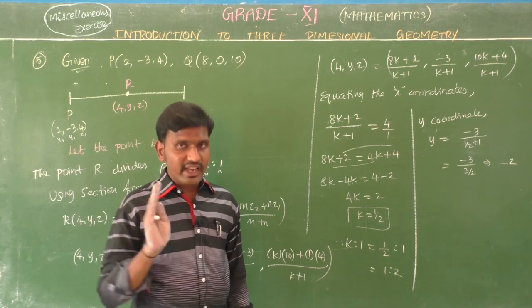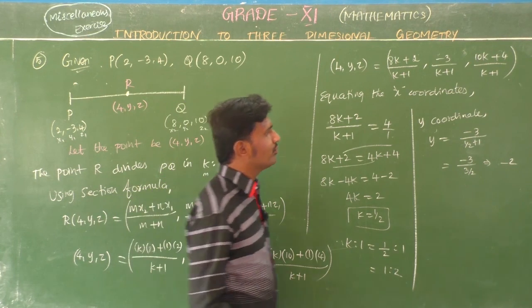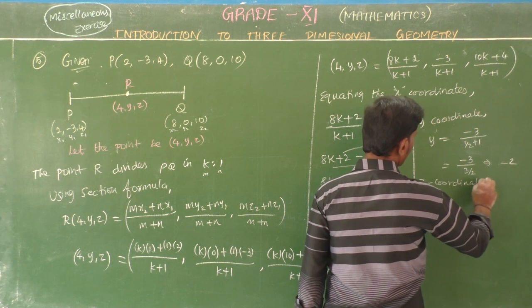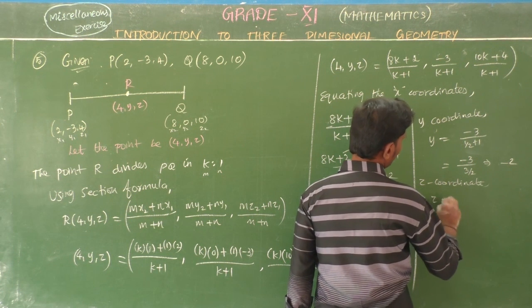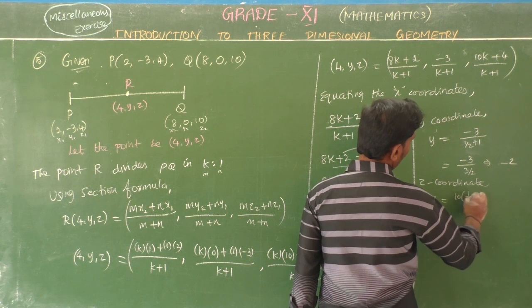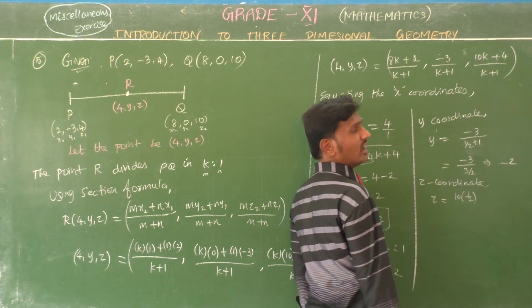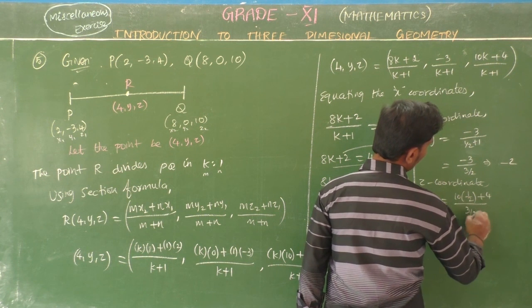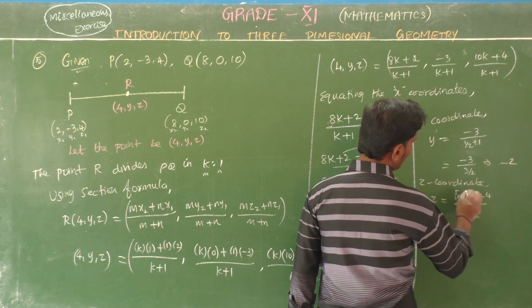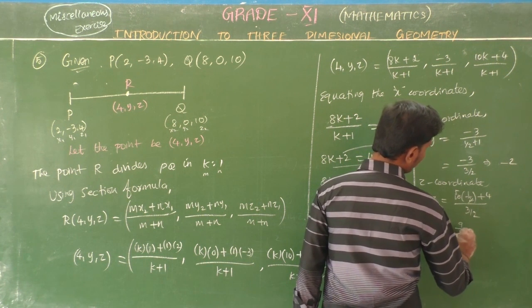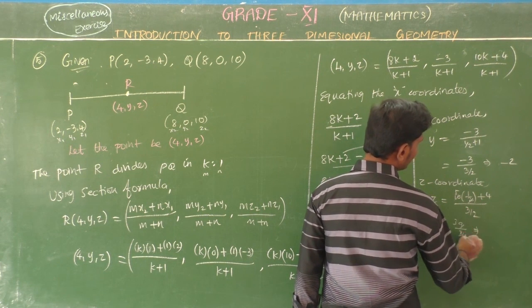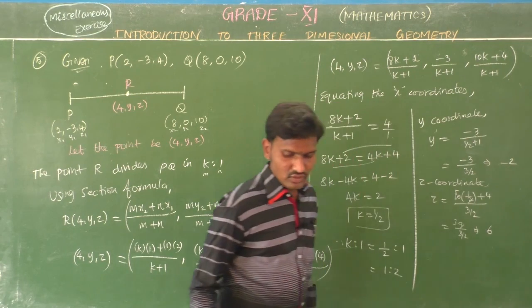And finally the z coordinate: z is equal to 10 into 1 by 2, the value of k, plus 4, the whole divided by k plus 1, which is 3 by 2. So 5 plus 4 is 9, and 9 divided by 3 by 2 gives 6.